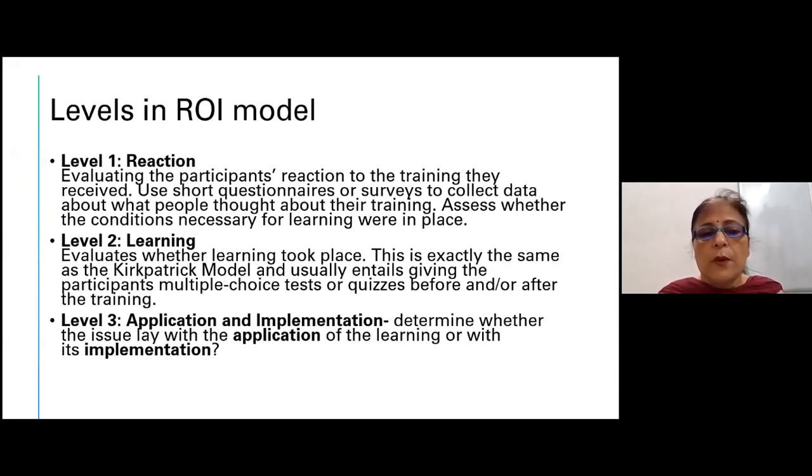And level 2 is then the learning level, and it evaluates whether learning took place or not. And this is actually exactly the same as the Kirkpatrick model, and usually entails giving the participants tests or quizzes before and after the training. And again, there could be formative assessments or summative assessments here.